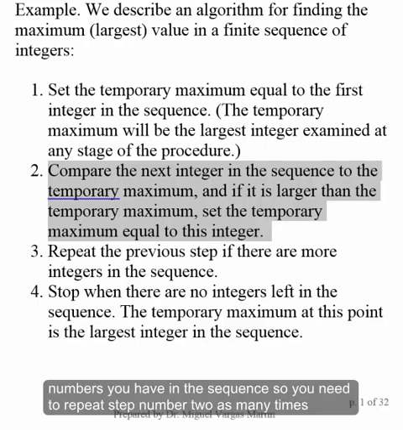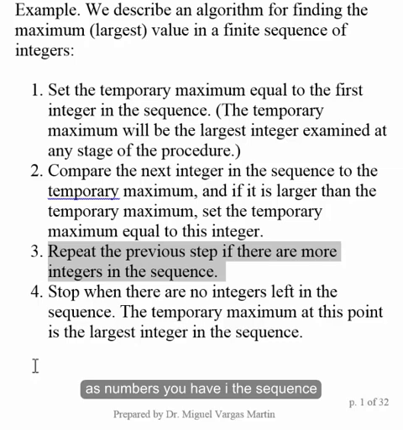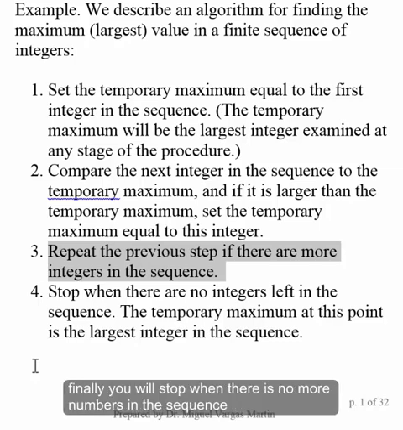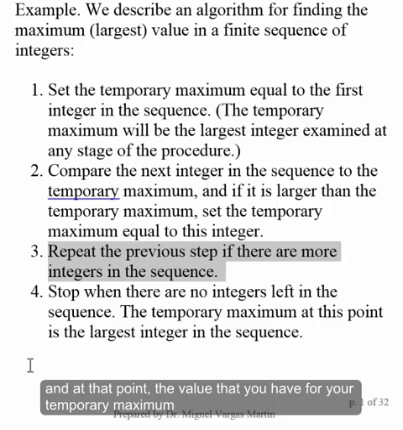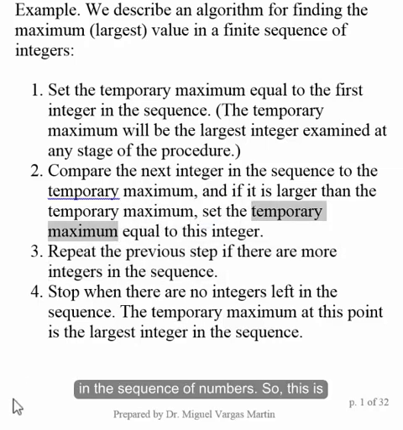You don't know how many numbers you have in the sequence, so you need to repeat step number 2 as many times as numbers you have in the sequence. Finally, you will stop when there are no more numbers in the sequence. And at that point, the value that you have for your temporary maximum variable is the largest number in the sequence of numbers.